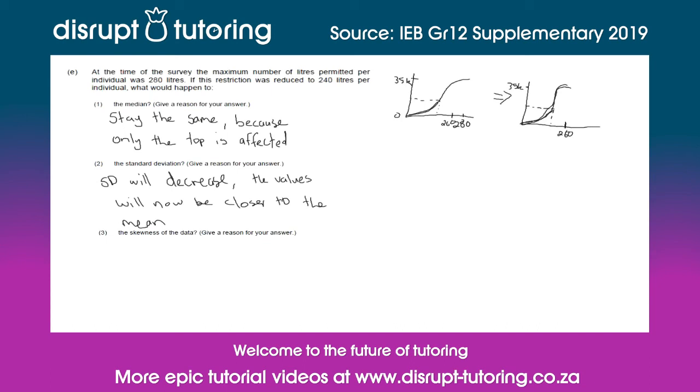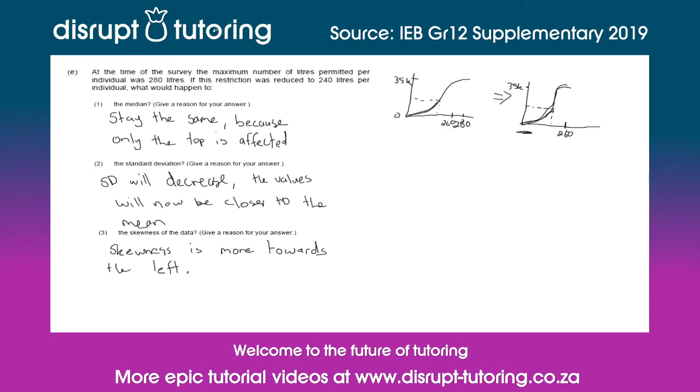And question number 3 asks us what would happen to the skewness of the data. So just visually looking at the second graph, we can see the top half is actually moving more towards the left. So this means that the skewness is more towards the left. And so we can see that visually.